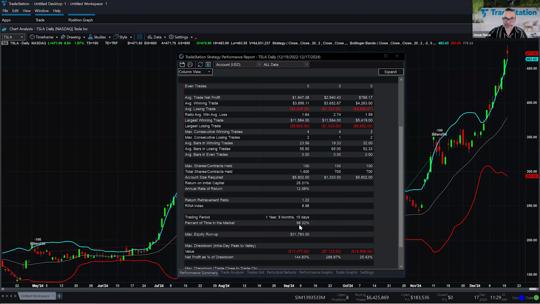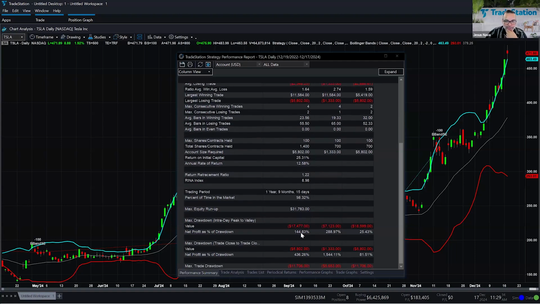So if you're talking about risk, this is a very risky strategy. If you're in the market 98% of the time, when do you have time to take a break? I'm not going to be glued to the computer 98% of the time when the markets are open. It's something to keep an eye on, right?